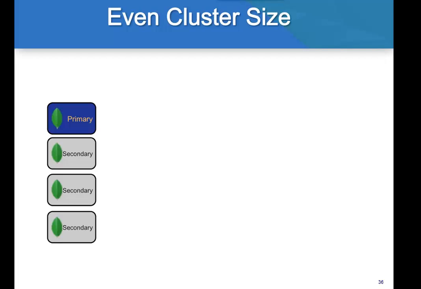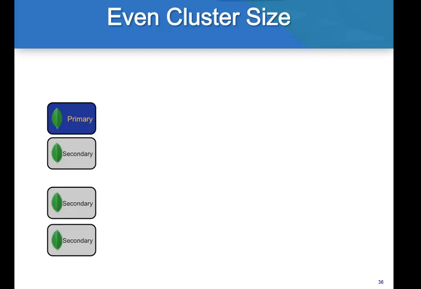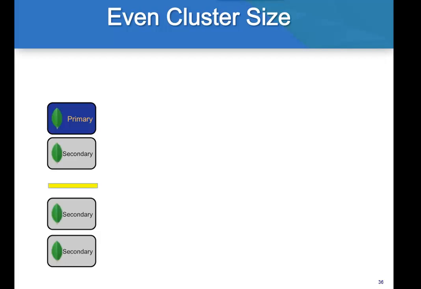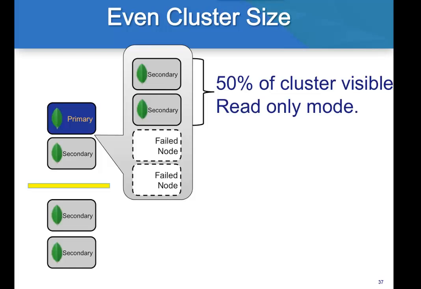In particular, it can lead to problems depending on the number of nodes in the replica set. So let's take a look at this. Let's say you have an even number of nodes in the replica set, and there's a network partition. Well, what happens? The top two nodes can't see the bottom two nodes, and the bottom two nodes can't see the top two nodes.